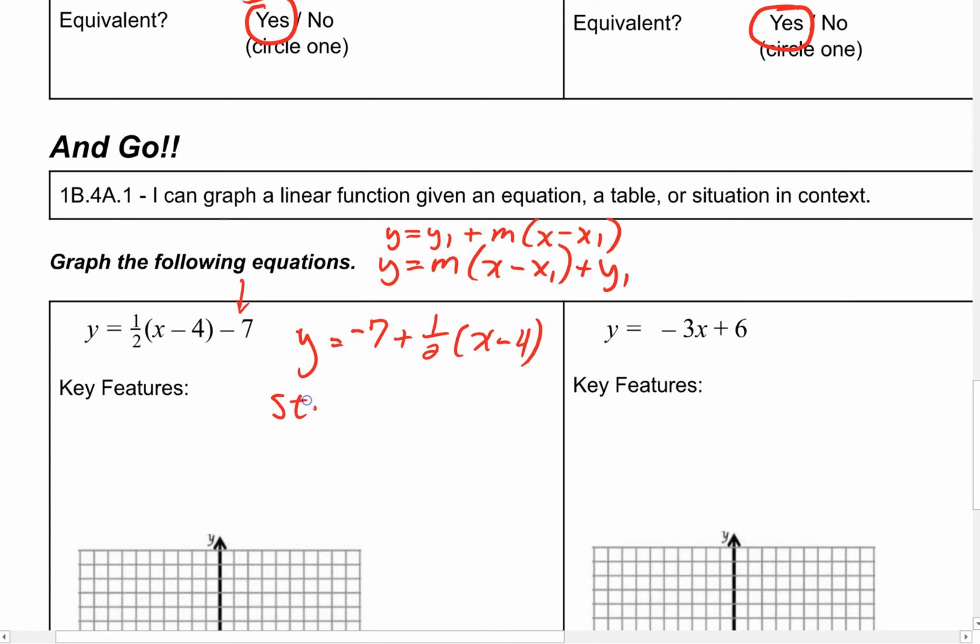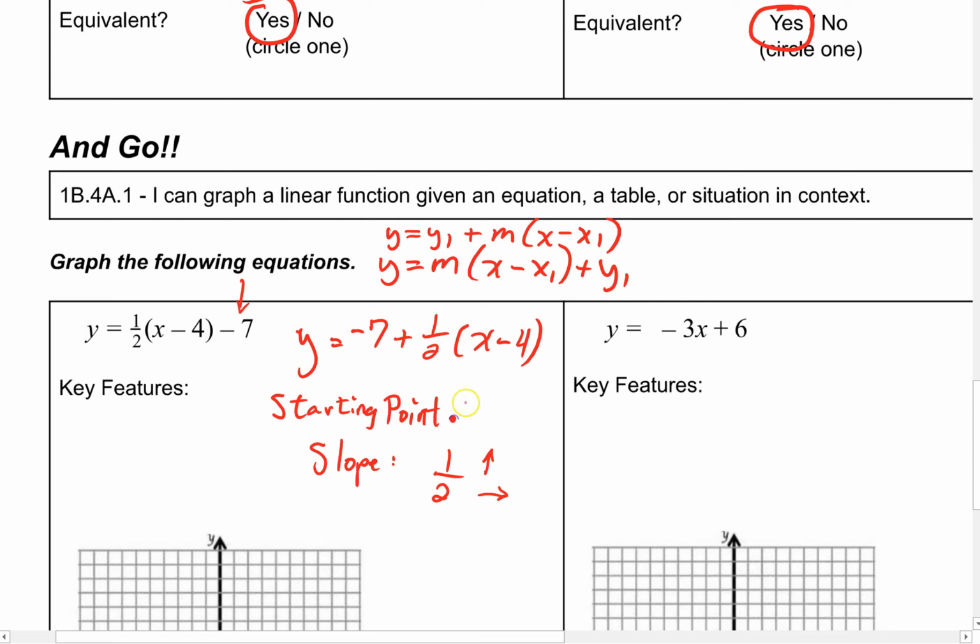We're always going to be looking for a starting point, and we're also going to be looking for the slope. And the slope, I hope you can quickly see, is going to be 1/2. That's the number in front of the parentheses. It's going to tell us to go up 1 and go right 2.